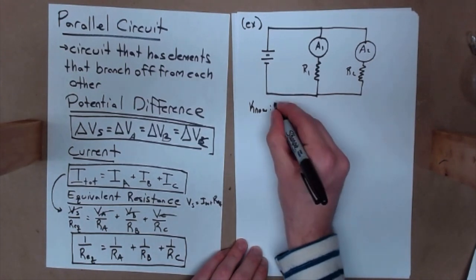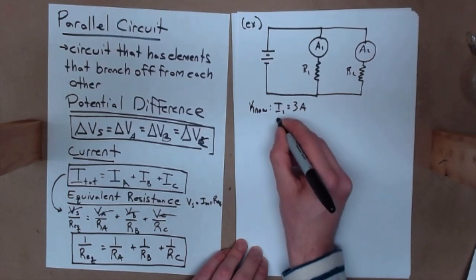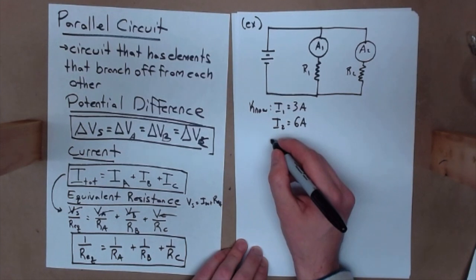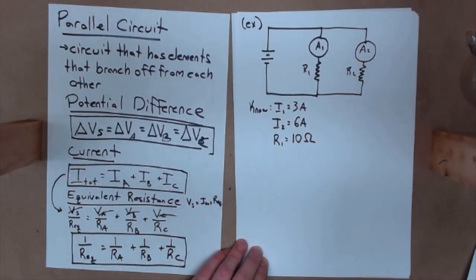All right, now what we're going to know in this problem is that I1, the current read by our ammeter 1, is 3 amps. The current read by ammeter 2 is 6 amps. And let's say that we know the resistance of R1 is 10 ohms.